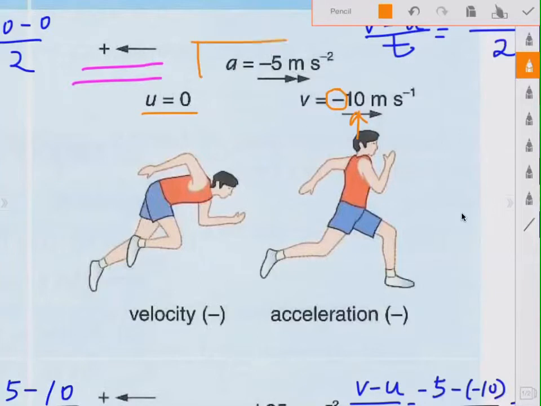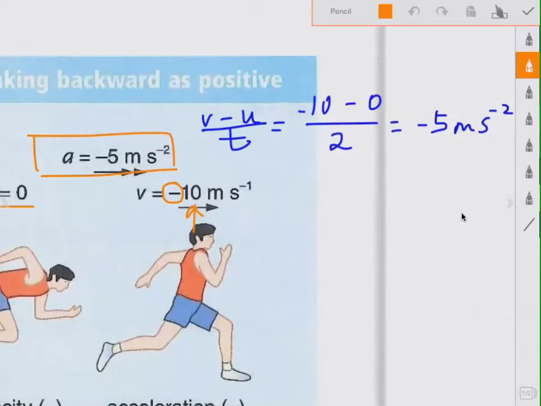Therefore, the magnitude of acceleration is given by this formula, v minus u over t. Then you can find 5, and because it is moving to the right, we should have a negative sign here to represent moving to the right.